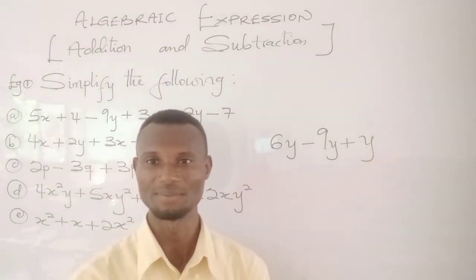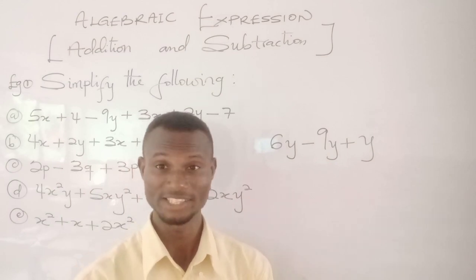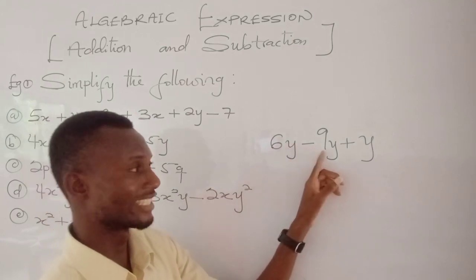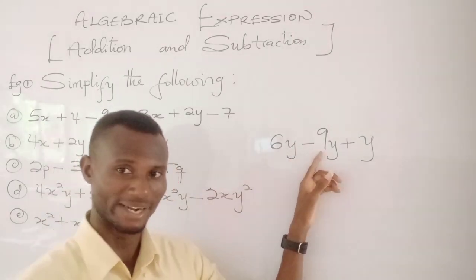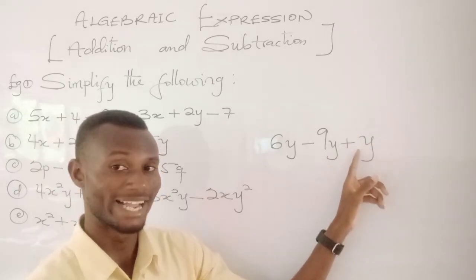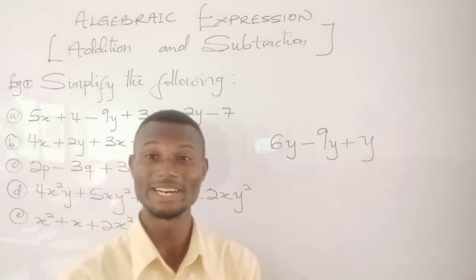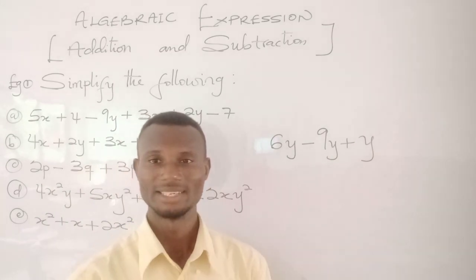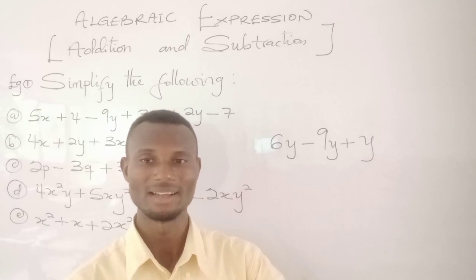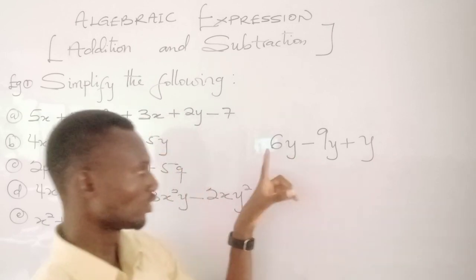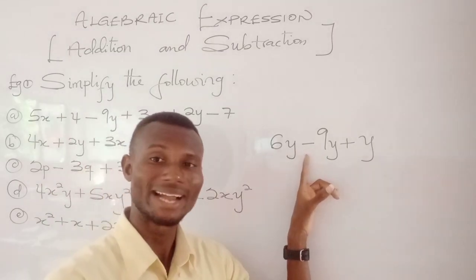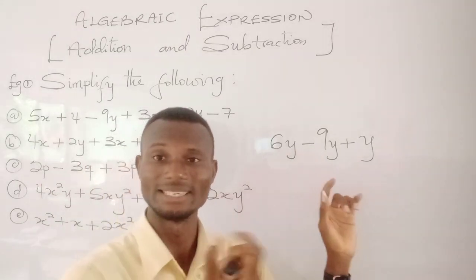I hope you agree with me. Let's do it one more time. It's very simple. Follow the explanation. 6 minus 9 gives negative 3. And that negative 3 plus the 1 here, there's a coefficient of 1 here, gives negative 2. Consider the positive number as the money you are having and the negative number as the money you are owing. If I have money of 6 and I'm owing someone 9, I pay back and I'll still be owing the person 3.